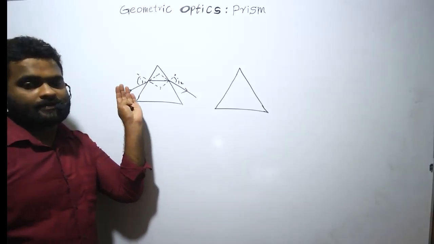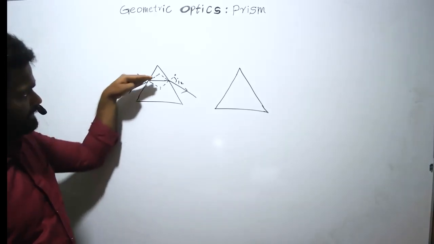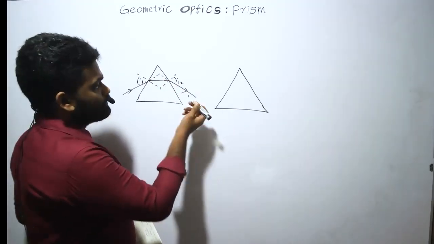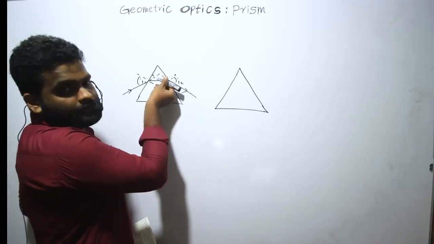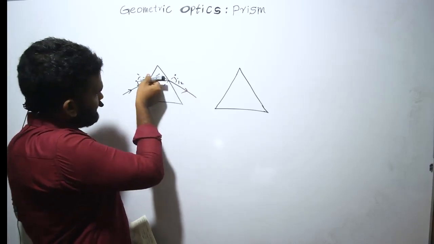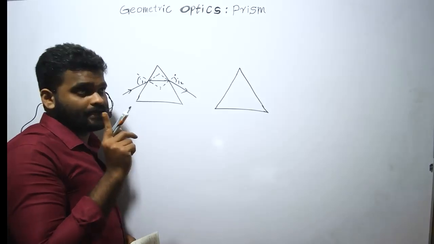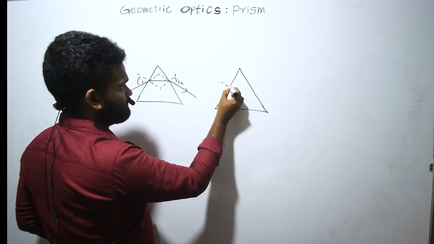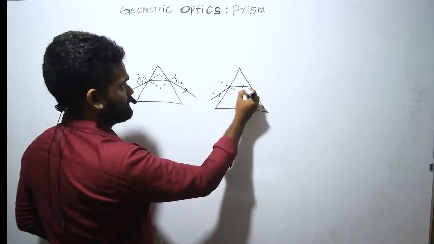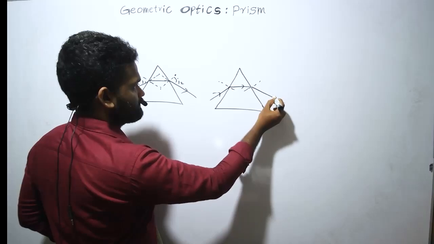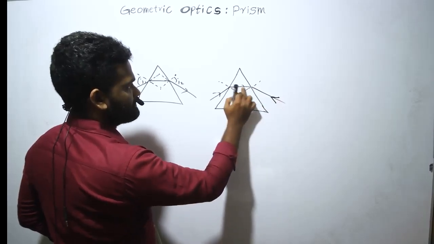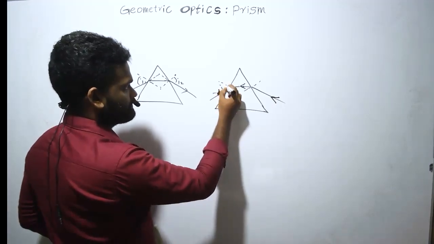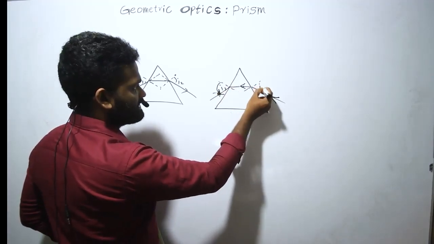So in this law, what they say is, if you send the ray like this, it will have this ray diagram. At the next one, you are going to send the ray from this side, so it will follow the same path. That is the reversibility law of light. The shape of the ray diagram will be the same, only the direction is different.